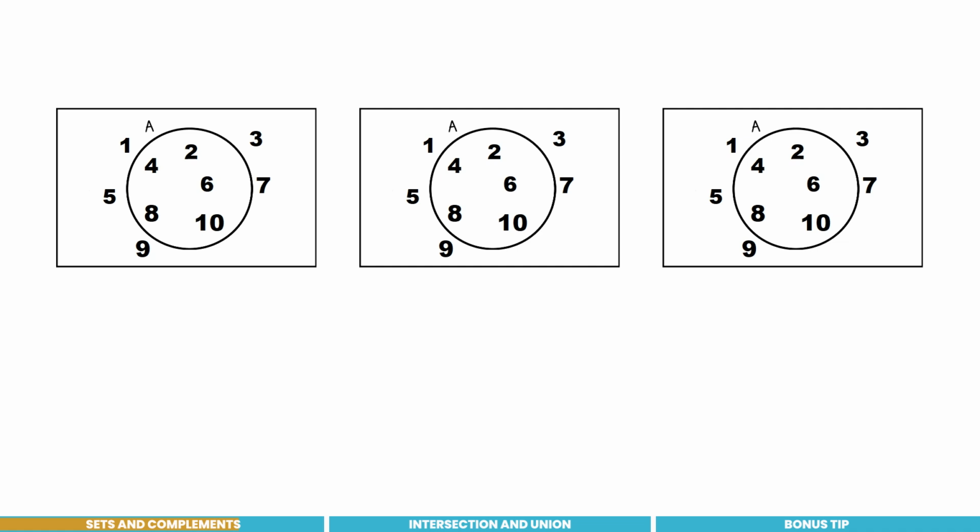Let's take a closer look at these shaded areas. We can see that set A plus its complement combine to give the full universe rectangle. So A plus A stick equals the universe.